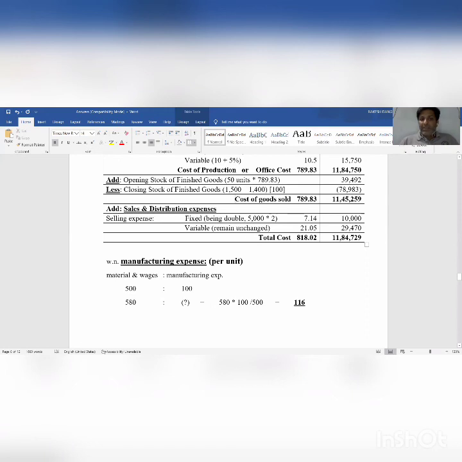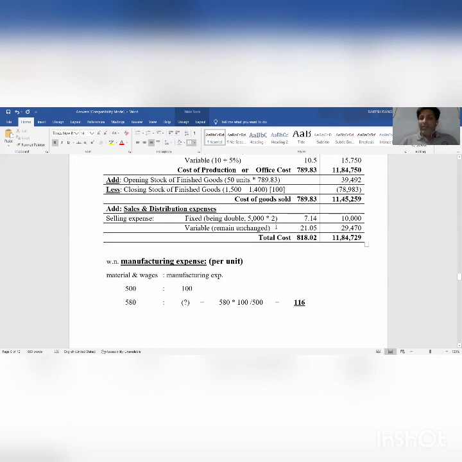So a fixed expense increases or decreases always in total amount. Here it will be doubled. So total amount in previous year 2016 was rupees 5,000, now double, so 5,000 into 2 will be 10,000.